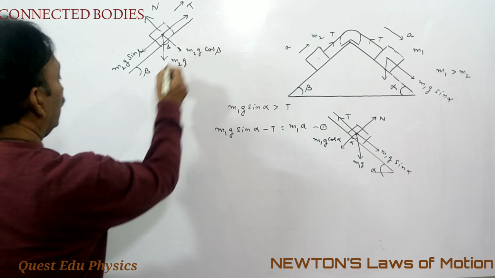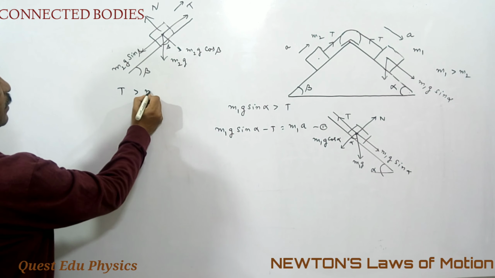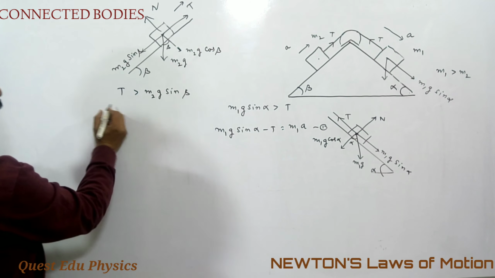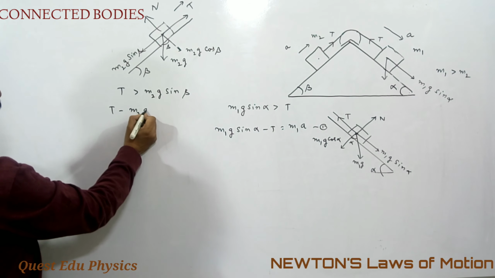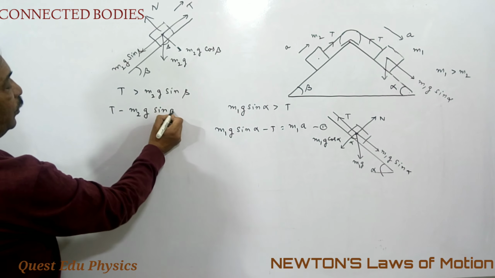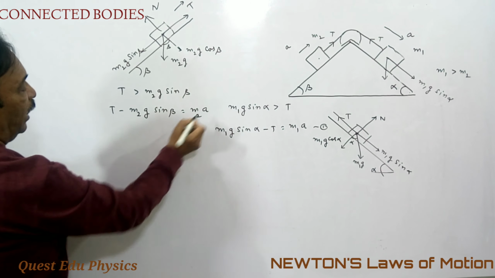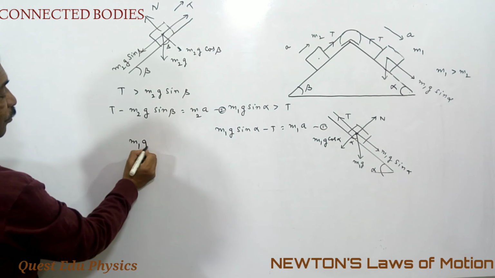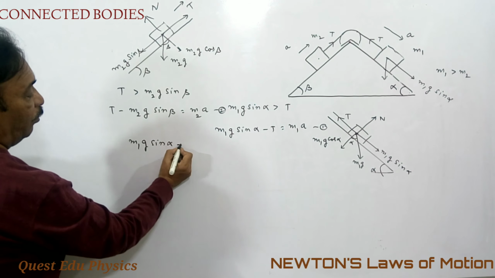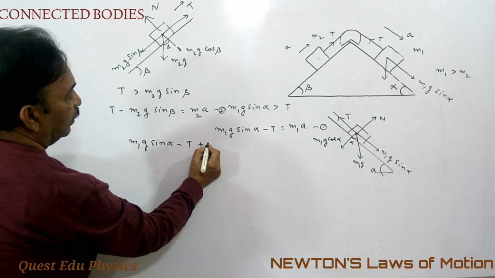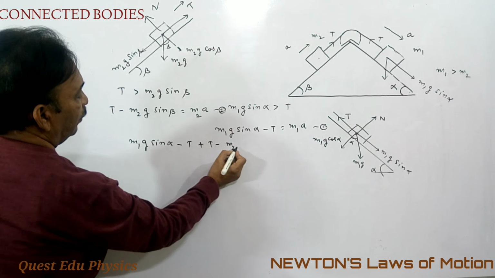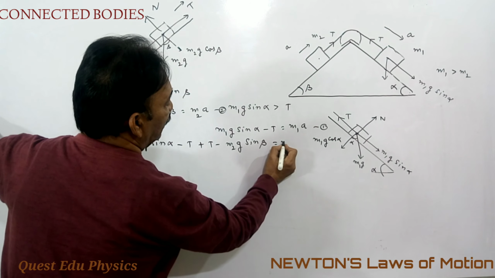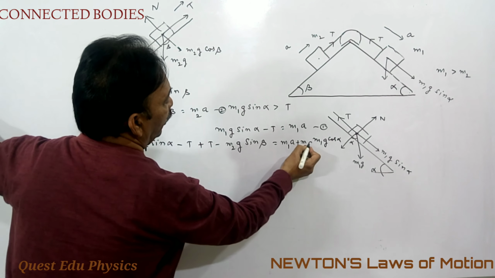Here in this case also, T is greater than m2g sine beta. See the difference. That is T minus m2g sine beta is equal to m2a. Say it as equation 2, and we are adding 1 and 2. m1g sine alpha minus T plus T minus m2g sine beta is equal to m1a plus m2a.